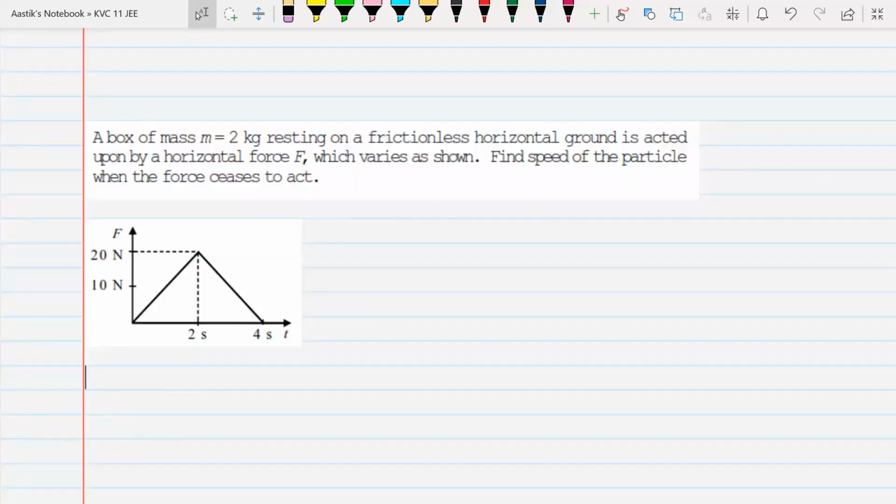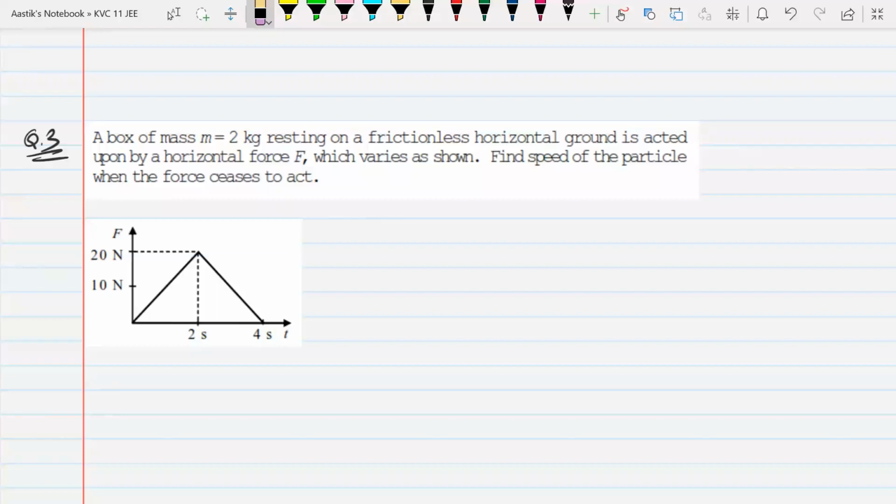A box of mass 2 kg lying on a frictionless horizontal ground is acted upon by a horizontal force F, which varies as shown. Find the speed of the particle when the force ceases to act. This is question number 3 coming on your screens. Let me know the answer once you are done.